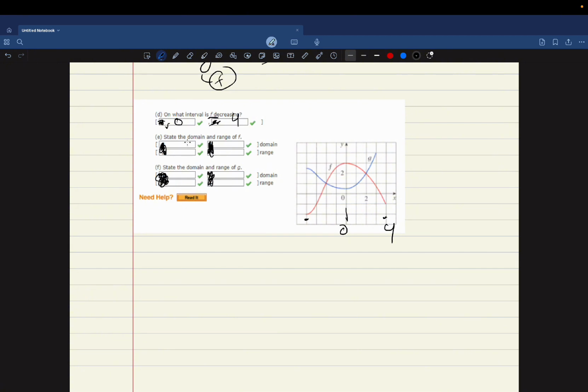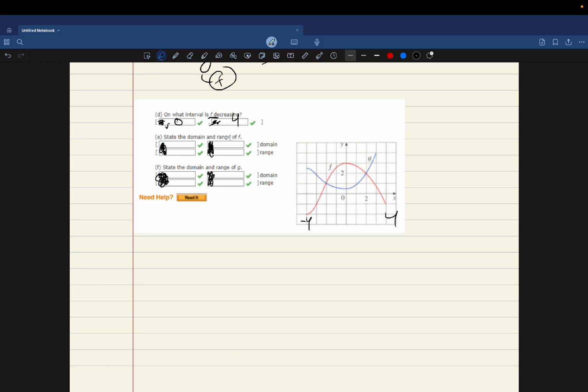Now it is asking to state the domain and range of f. Domain means the possible values of the x-axis. For this graph f, the possible values go from here to here, and this is -1, -2, -3, and -4, and then this is 4.